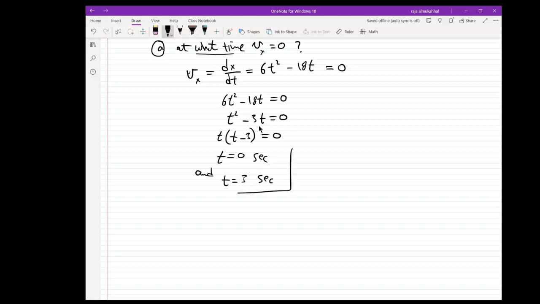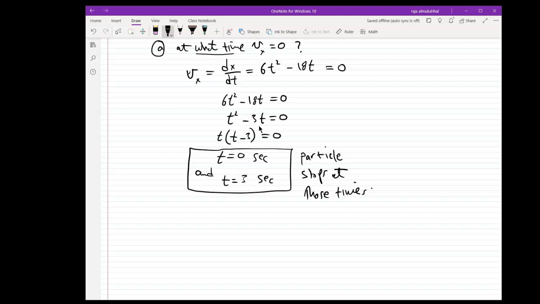There we go. So at t equals 0 and t equals 3 seconds, the particle stops. Okay, any other time the particle, I guess, is in motion. But the particle stops at those times. Okay, all right, that's part A.